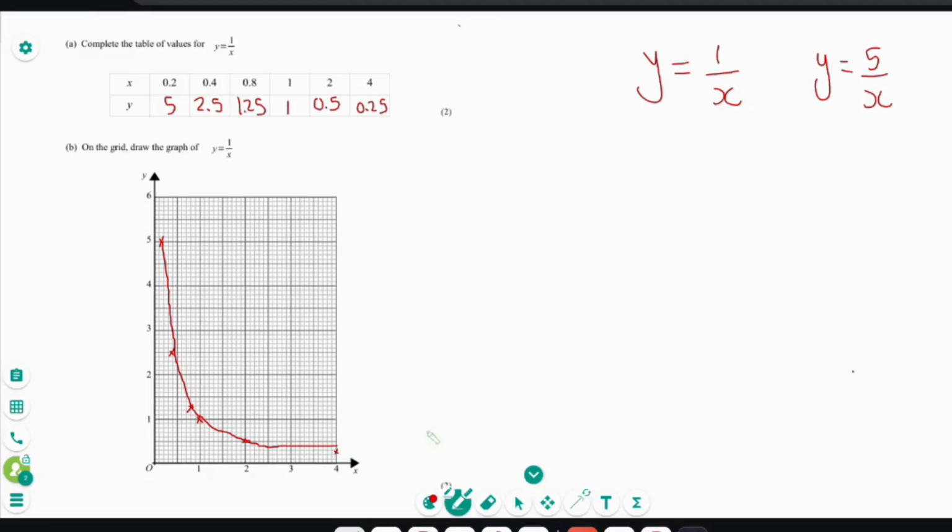So if we extended our values, this is just going to help you when you're recognising graphs, we would have had here and here. So that's what a reciprocal graph looks like.